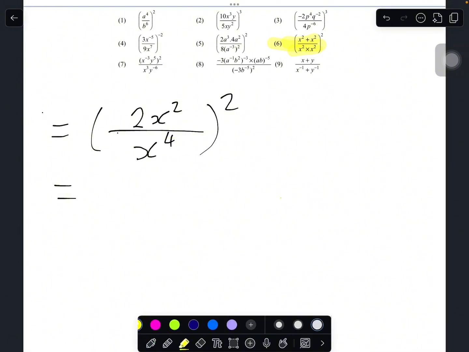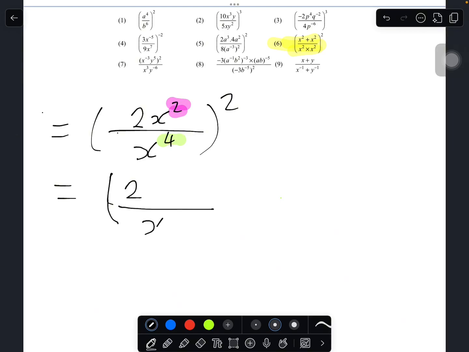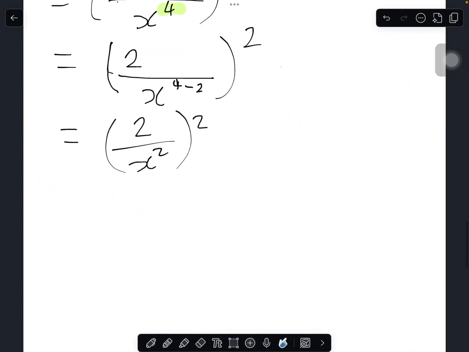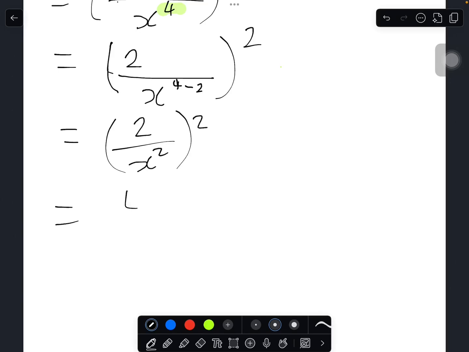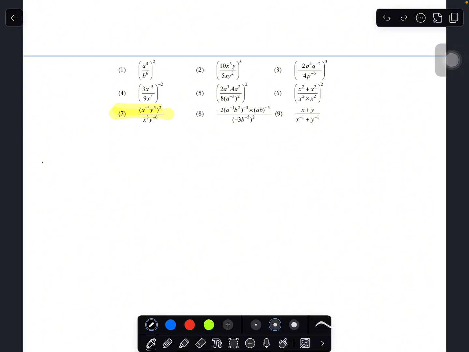This exponent of 4 is bigger than this exponent of 2. For that reason, as a shortcut, we'll just subtract it in the bottom. So I'm going to have 2 here, make my bracket properly, over x to the 4 minus this 2. This is all going to be squared. And then I'm going to have 2 over x to the 2, all to the power 2. And that is now going to leave me with 4 over x to the power 4. Okay, now going on to question 7.